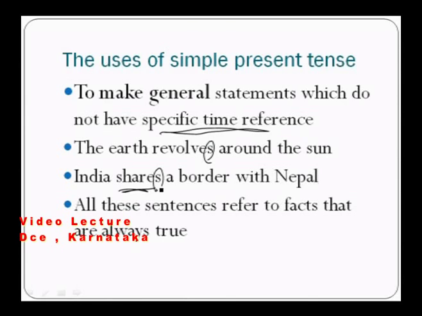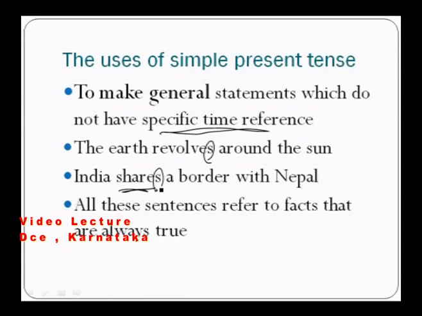It talks about a time span that began somewhere in the past and is extending to somewhere in a distant future, covering the present time reference also.